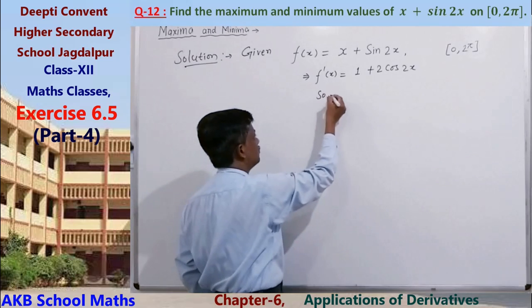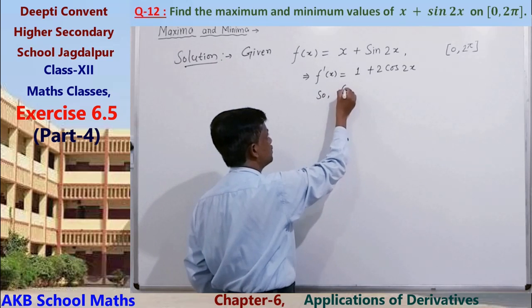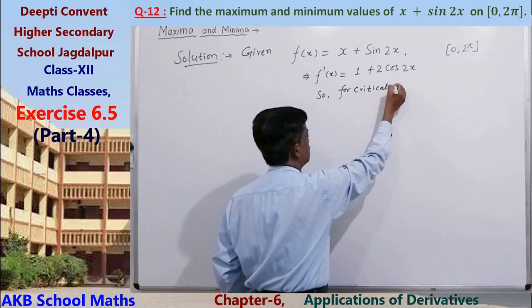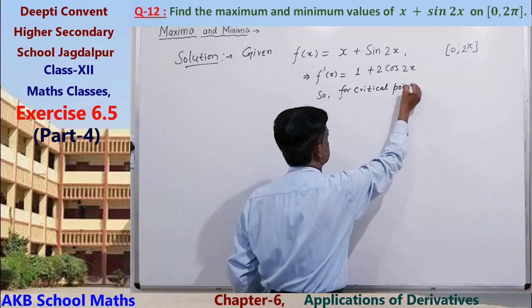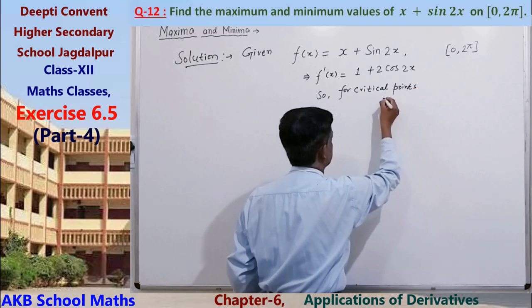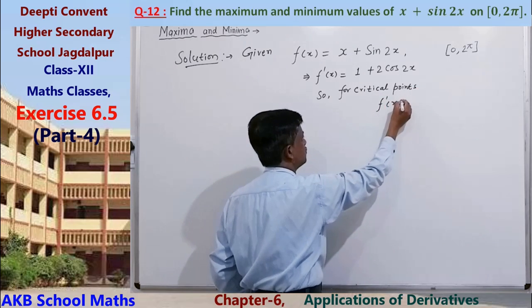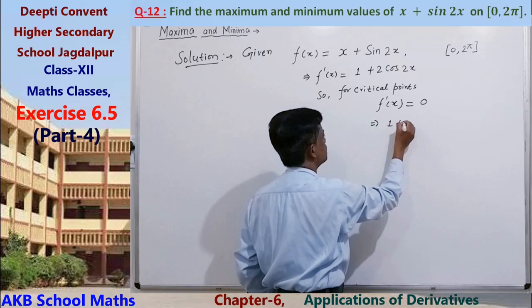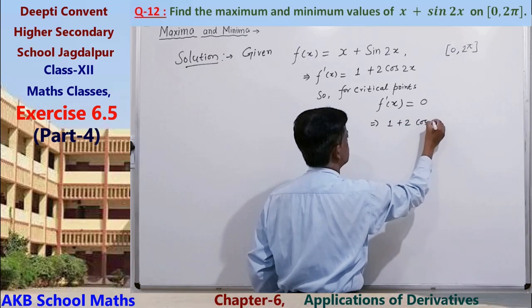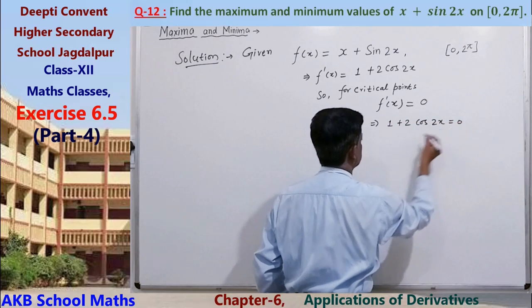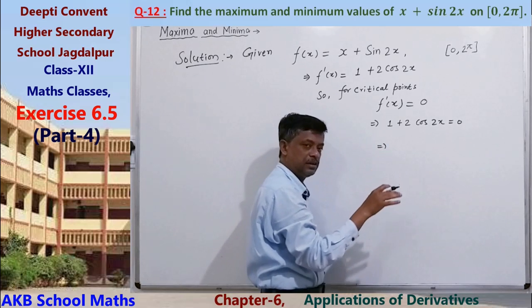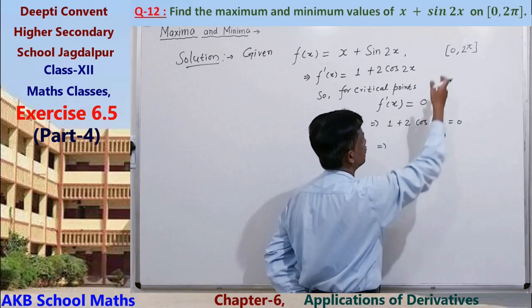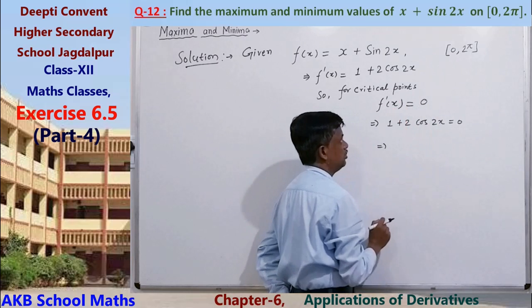So for critical points, f dash x equals 0 implies 1 plus 2 cos 2x equals 0. Now solve it and find the values of x that lie between 0 to 2 pi.